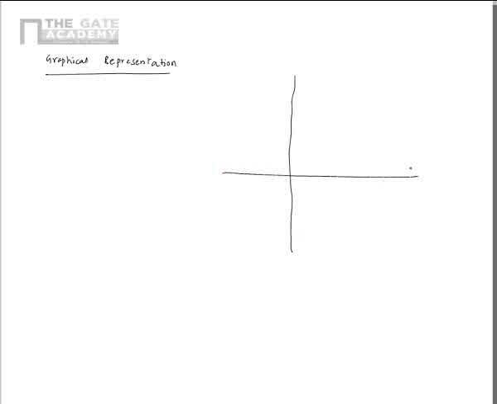So how do I explain graphically? Well, a graphical representation is something like this. You have the root, okay, something like this.